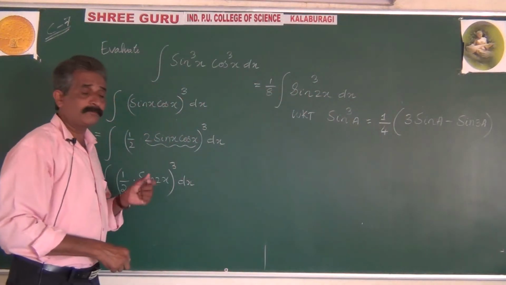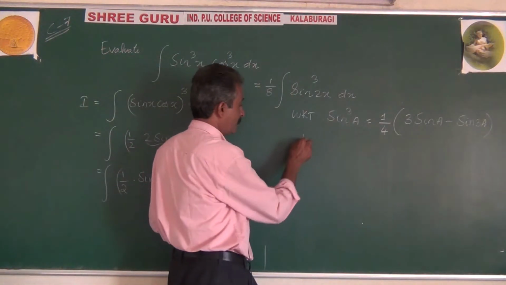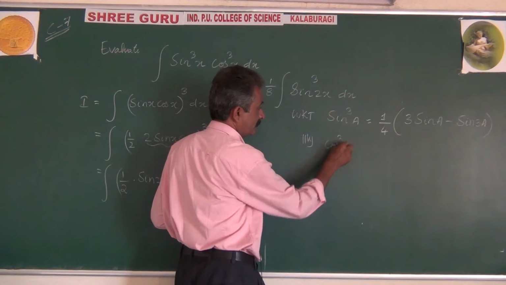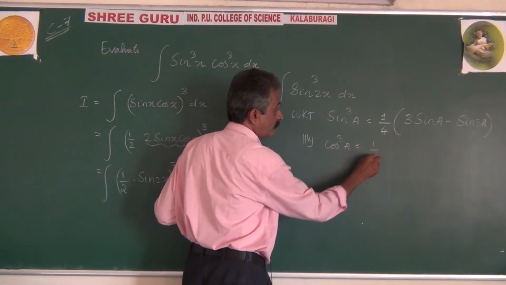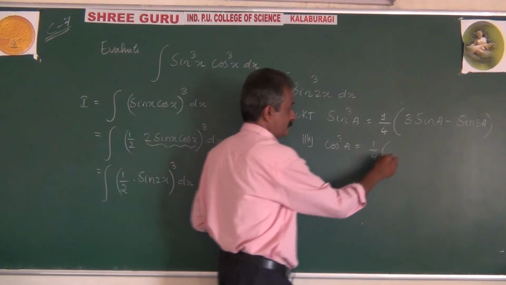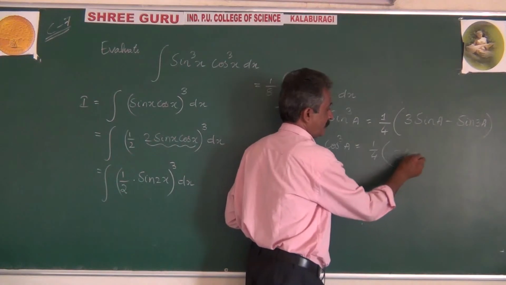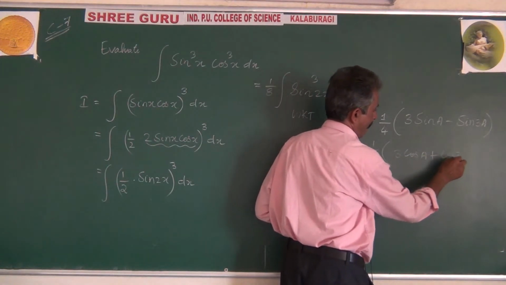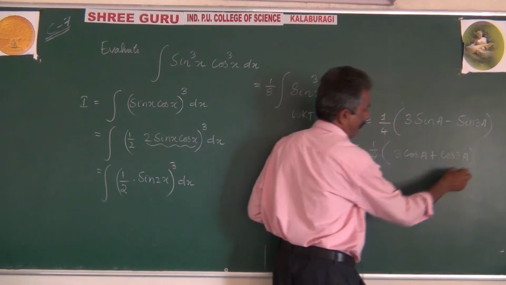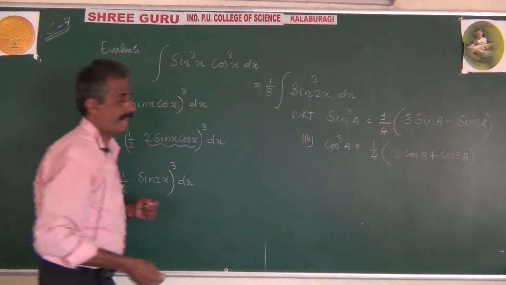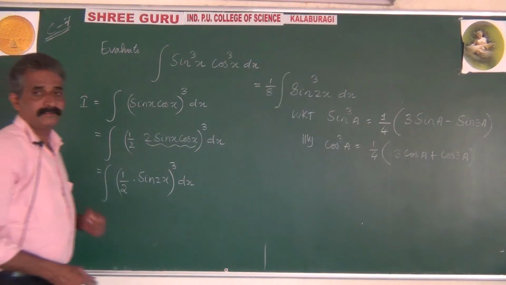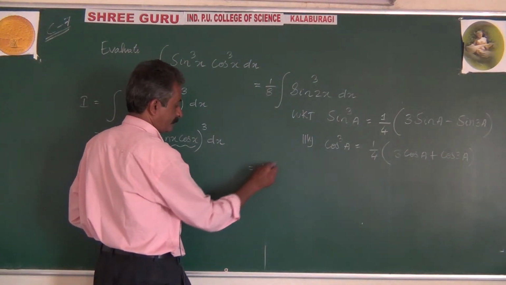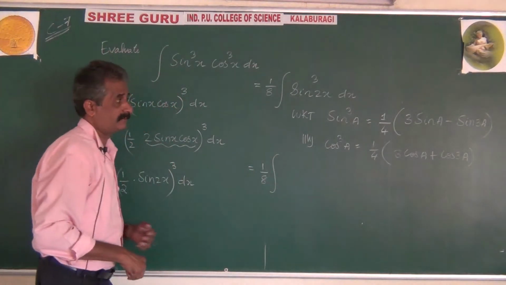And similarly, another formula we have, you keep it in mind. Similarly, cos cube a formula is 1 by 4 into bracket 3 cos a plus cos 3a. Hence, it is equal to 1 by 8 integration.